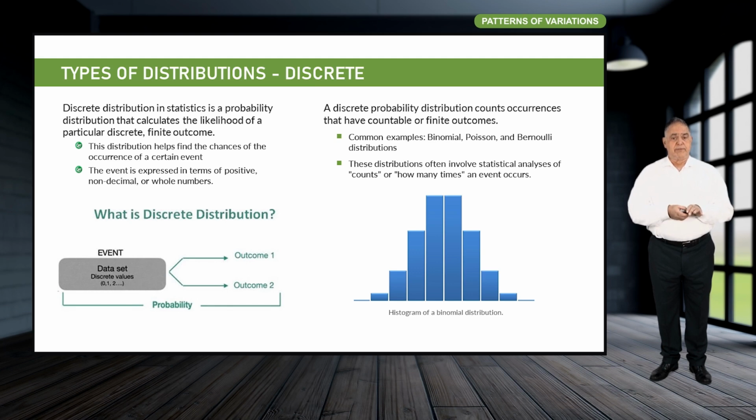So common examples of discrete probability distributions are the binomial, the so-called Poisson distribution, and the Bernoulli distribution. These distributions often involve statistical analysis of counts or how many times an event occurs.